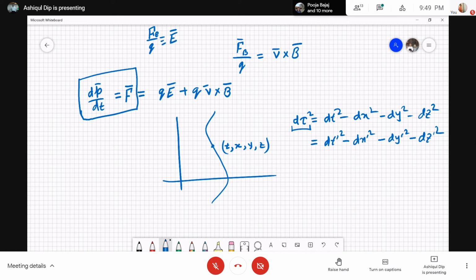Okay, let's make it intuitive. Proper time is the time of that particle in the frame of that particle itself. Consider you are watching a planet moving, and on that planet there is a clock. When that clock was at 12 o'clock, then it becomes 1 o'clock, so the interval is 1 hour.